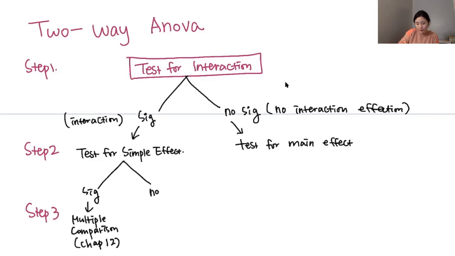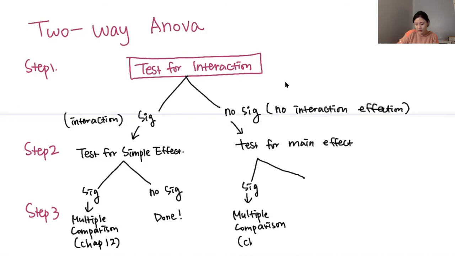And if there's no significant result, we are done. And if the test for main effect has a significant result, we need to do a multiple comparison, which is in chapter 12. And if we have no significant effect, we are done.